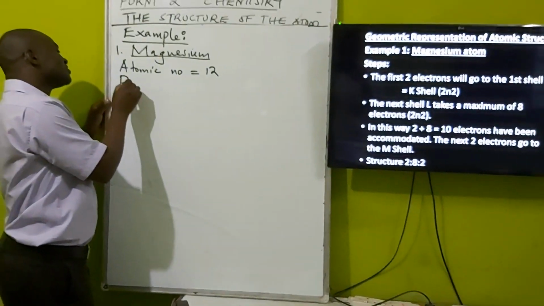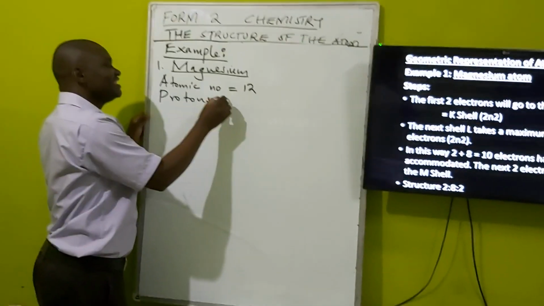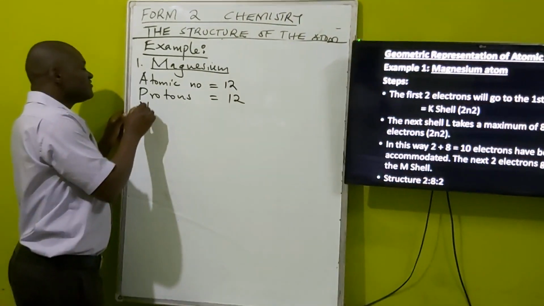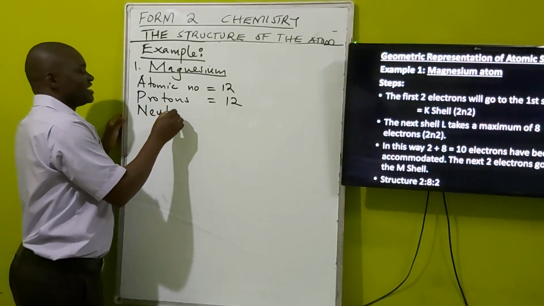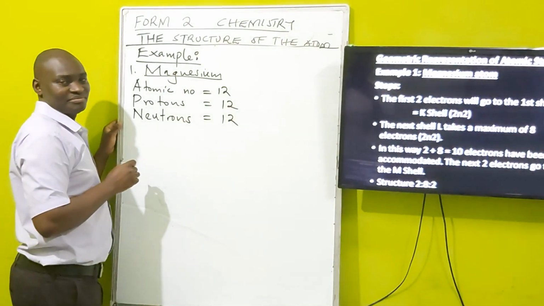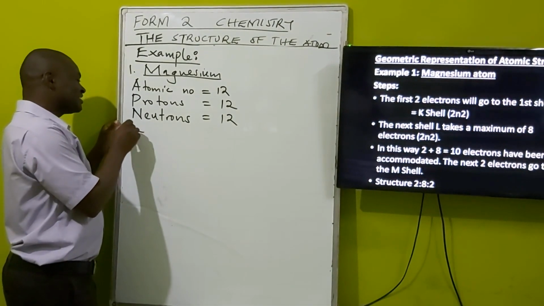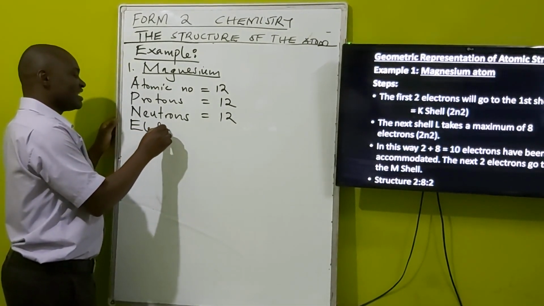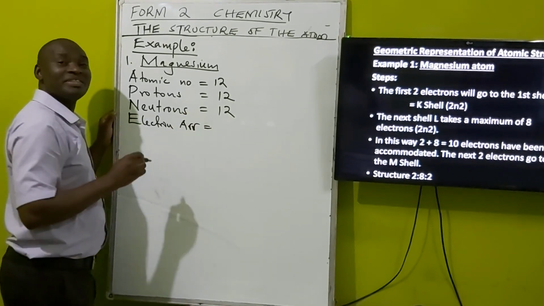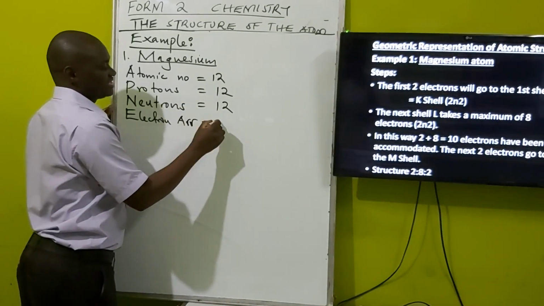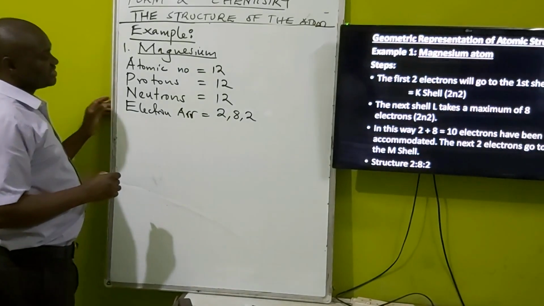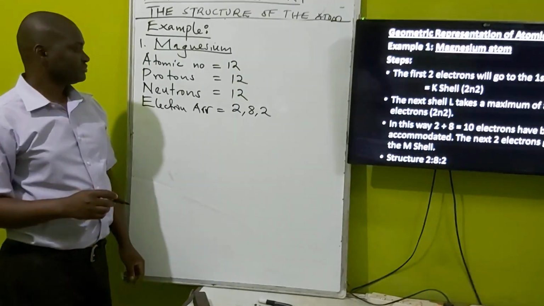The number of protons in this element are 12. The number of neutrons we have seen earlier are also 12. The electron arrangement for this element is 2, 8, 2. So this is what we are going to draw.